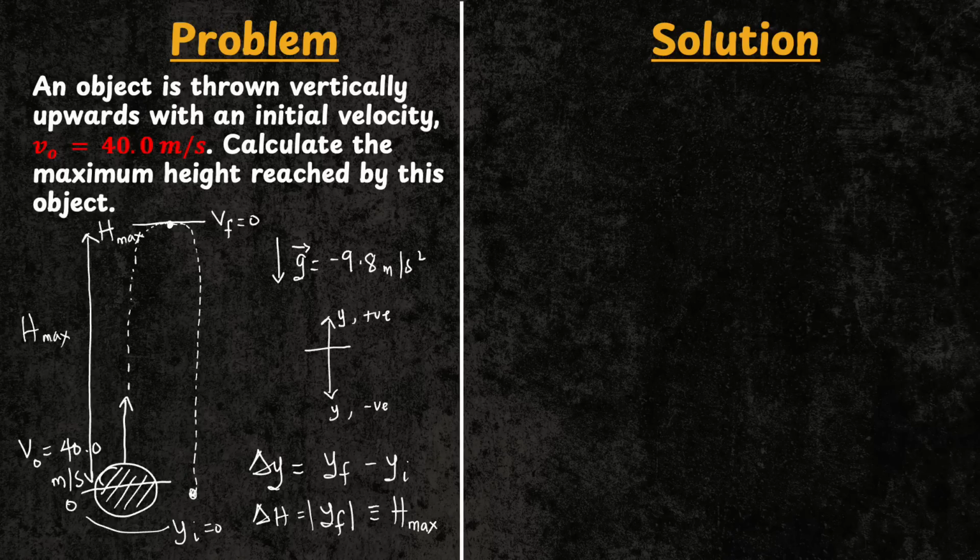Now let's take the data from this problem and then we can have a solution for this problem. What would be the maximum height reached by this object when thrown vertically upwards with an initial velocity of 40.0 meters per second? So from the problem, we can take this data. We know this object is given an initial velocity v0 of 40.0 meters per second.